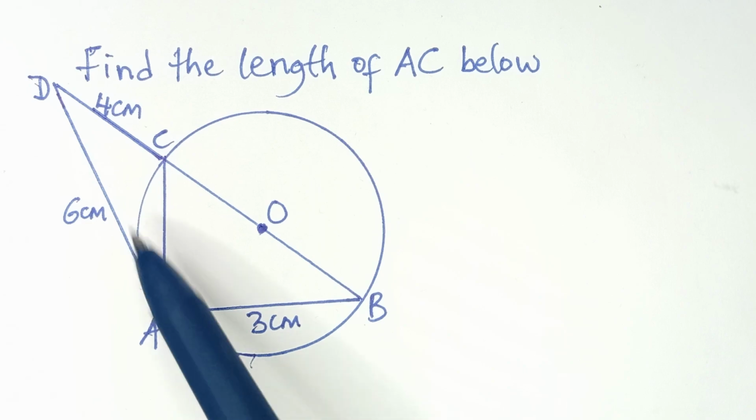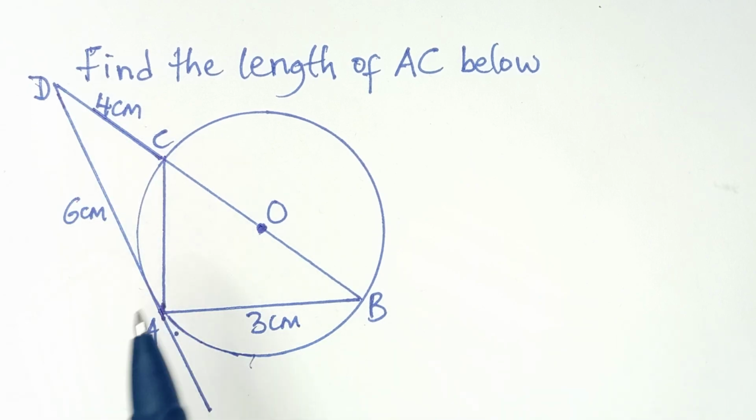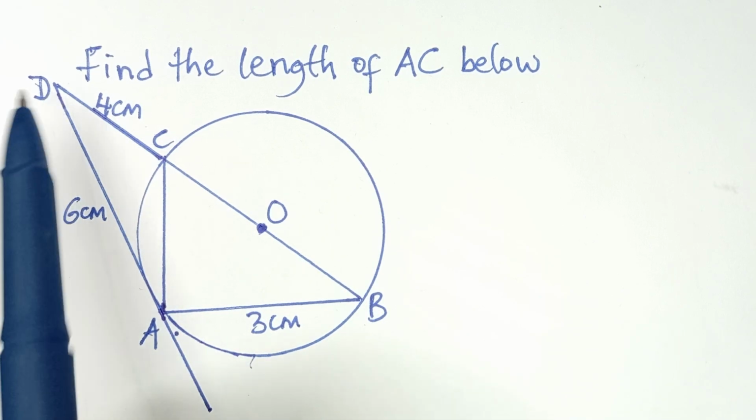Now, this line AD is a tangent. The line AD is a tangent.